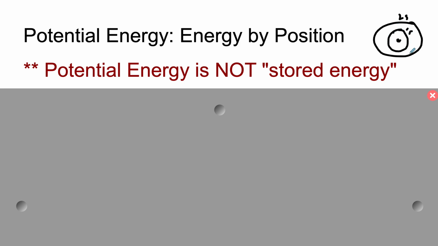That one single electron in its ground state, the lowest energy state, will be in the 1s. Now, if this atom absorbs energy, that electron will move from the 1s to the 2s. So it will gain potential energy. Once again, that's energy by position. It is moving further from the nucleus. It's moving further from its ground state. We would call this an excited state, and then it moves back down. So not stored energy, energy by position.